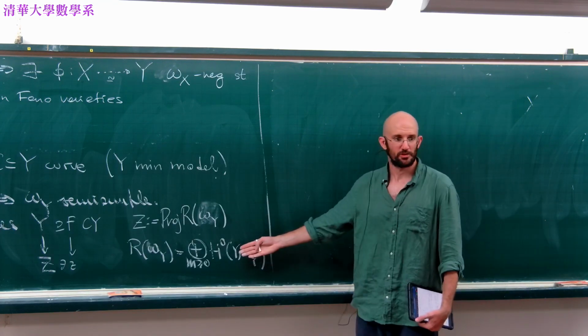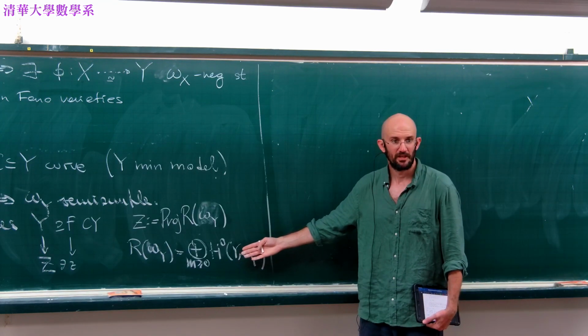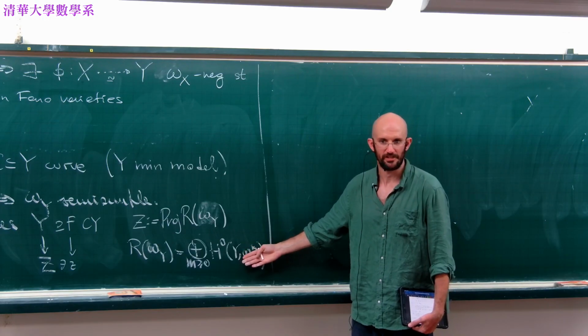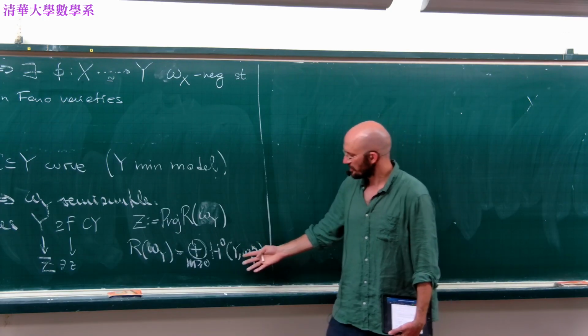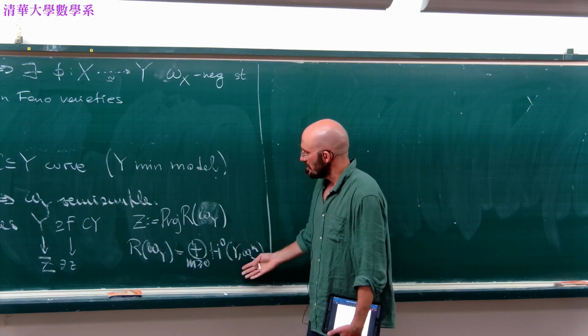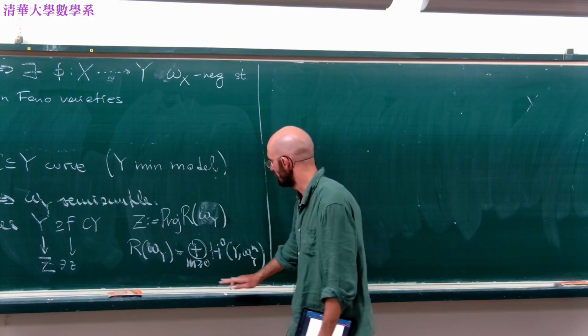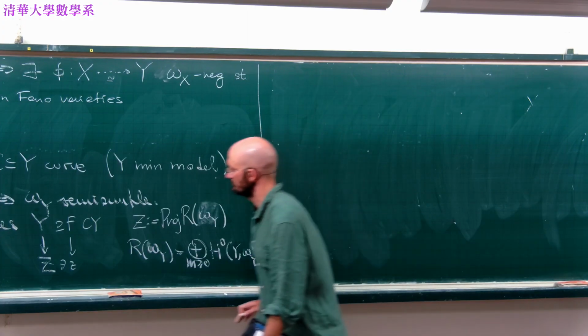So this is naturally a graded algebra, and it turns out that it's finitely generated. This is a big result of Birkar, Cascini, Hacon, and McKernan. And if you take the proj of it, you get what is called the canonical model of your variety.